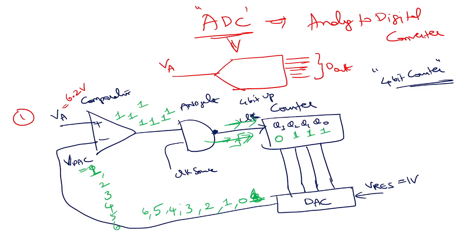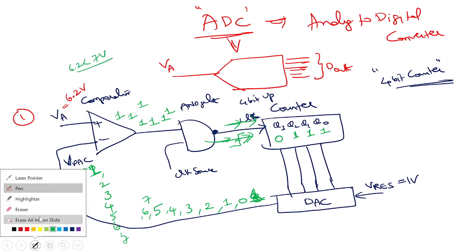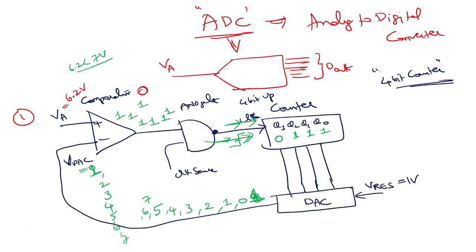Now what happens? Output becomes 7. 7 will be supplied. 6.2 is less than 7. That is the first time the output generates 0. 0 means here also 0. 0 means nothing will happen. This will be as it is.